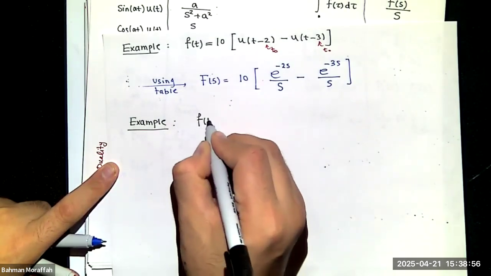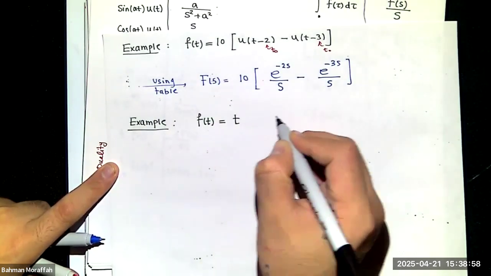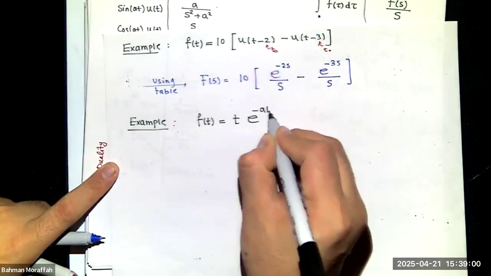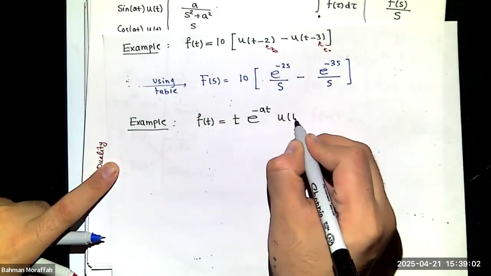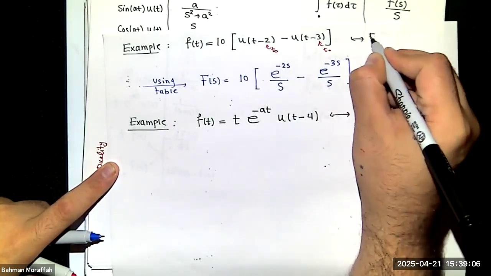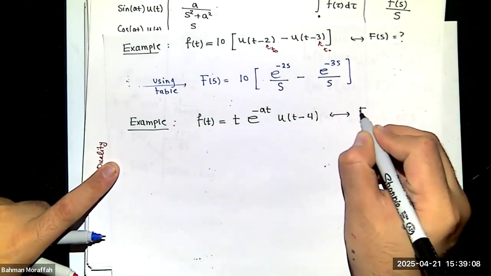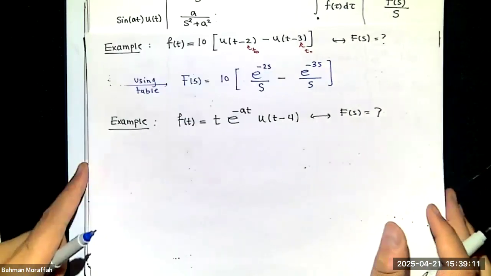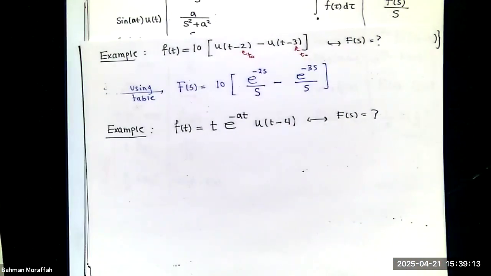Let's just say f of t is t e to the power of minus at times u of t minus 4. And the question is, what is F of s? It's a rather complicated function.